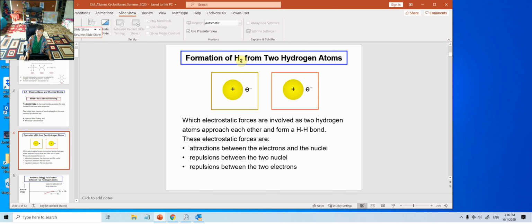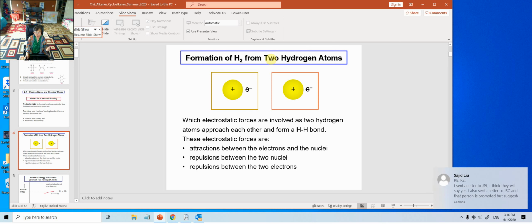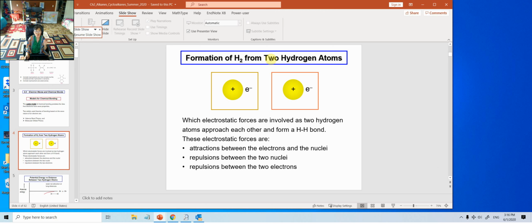So let's use the simple hydrogen molecule H2 as an example to show you how a molecule is formed when different atoms approach each other. What's going to happen? Meaning, what's the driving force for these two atoms to approach each other, and what are the energy changes?